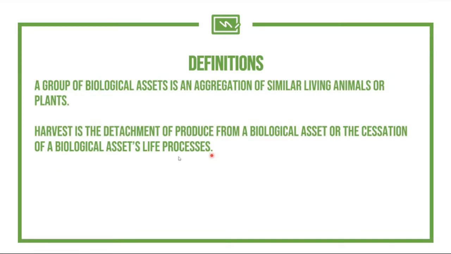Okay. We go to a group of biological assets. When you say a group of biological assets, it pertains to the aggregation of similar living animals or plants. I think in business law there is a portion where you were required to give the definition of the group of certain animals, like what do you call a group of cows, a group of horses, a group of fishes.